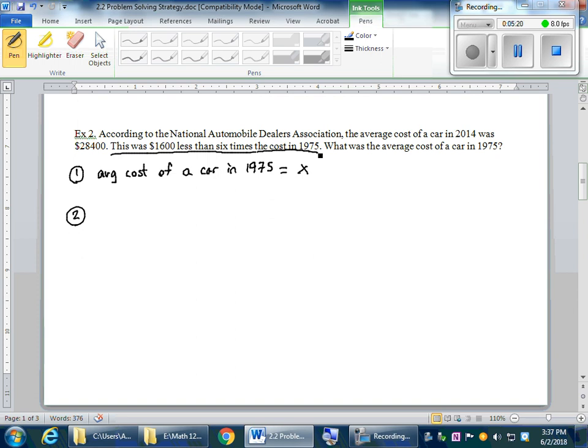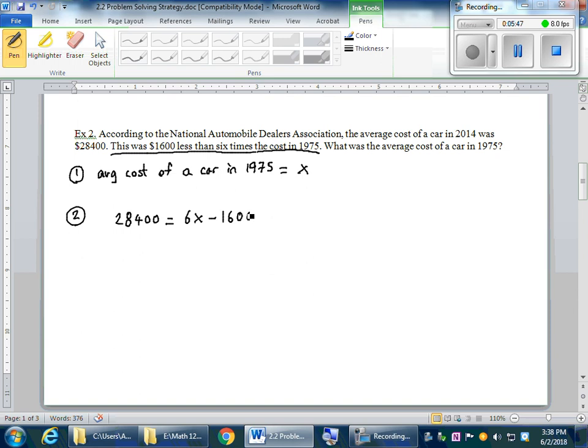So in 2014, the cost is 28,400, and it said that this was 1,600 less than 6 times the cost in 1975. So 6 times the cost in 1975, and then 1,600 less. So that will be our setup equation.